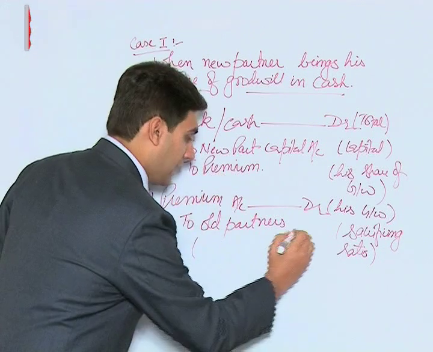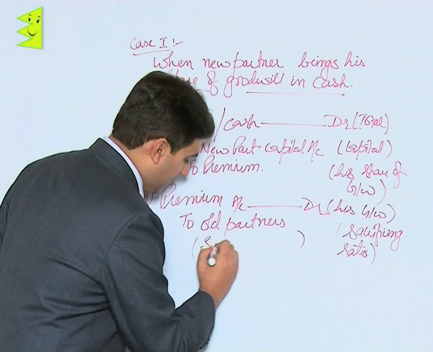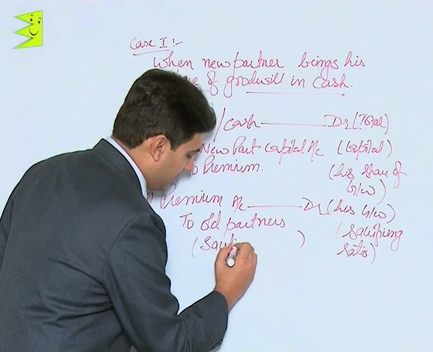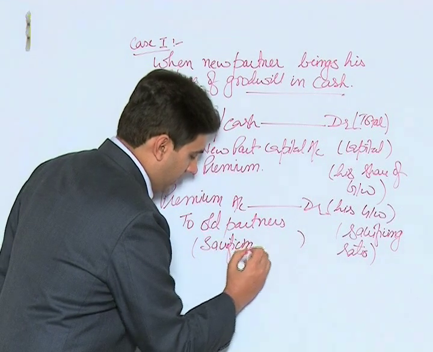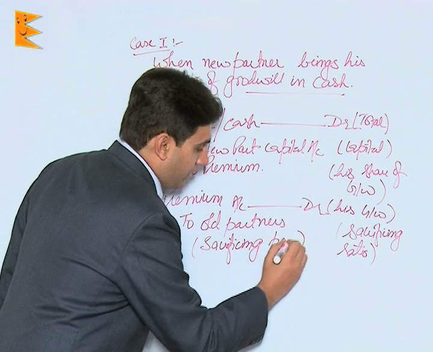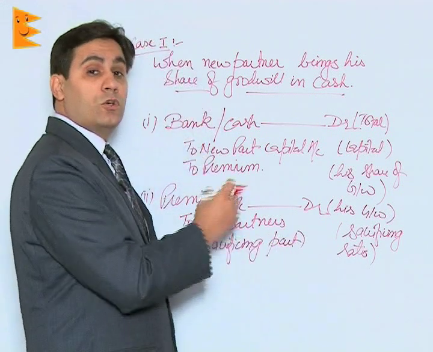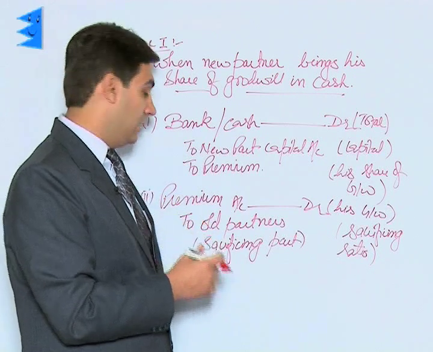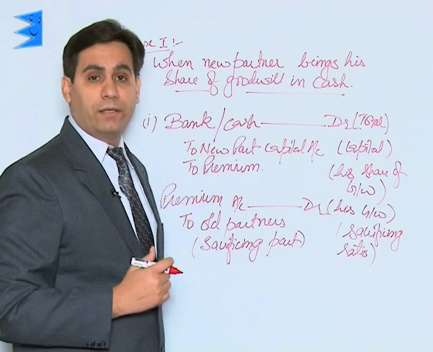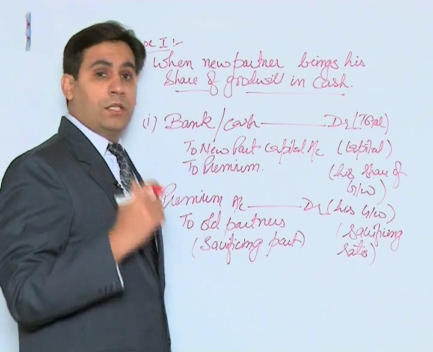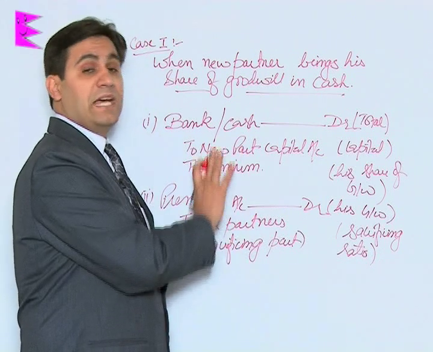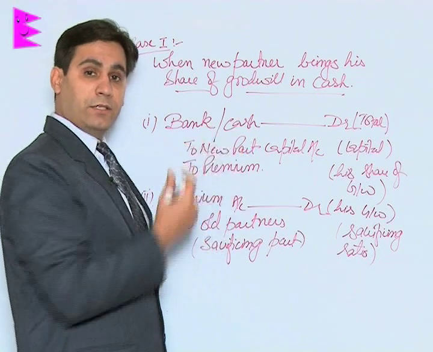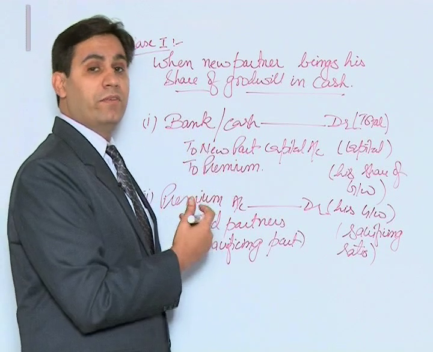So below this I am actually mentioning that they are sacrificing partners. That is, only those partners out of the old partners who are actually sacrificing something in favor of the new partner.